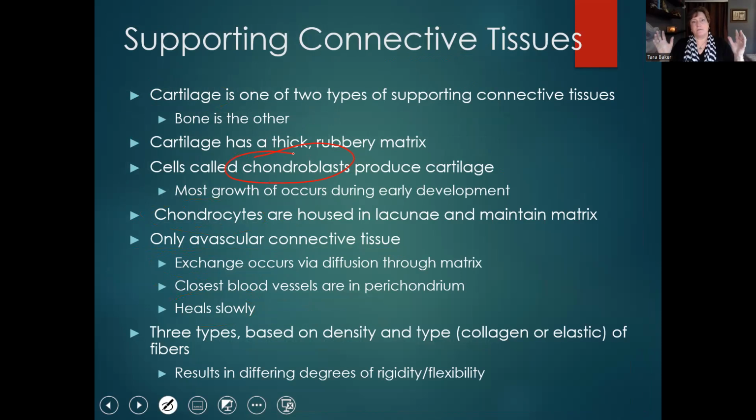Once the cartilage solidifies, the cell that is trapped is called the chondrocyte. I had that backwards when I explained it before. So a chondrocyte is the mature cell, a chondroblast is the immature cell. So the chondroblast is going to make the liquid cartilage that then hardens and solidifies and traps the chondrocyte in a lacuna. Okay, so I had that backwards.